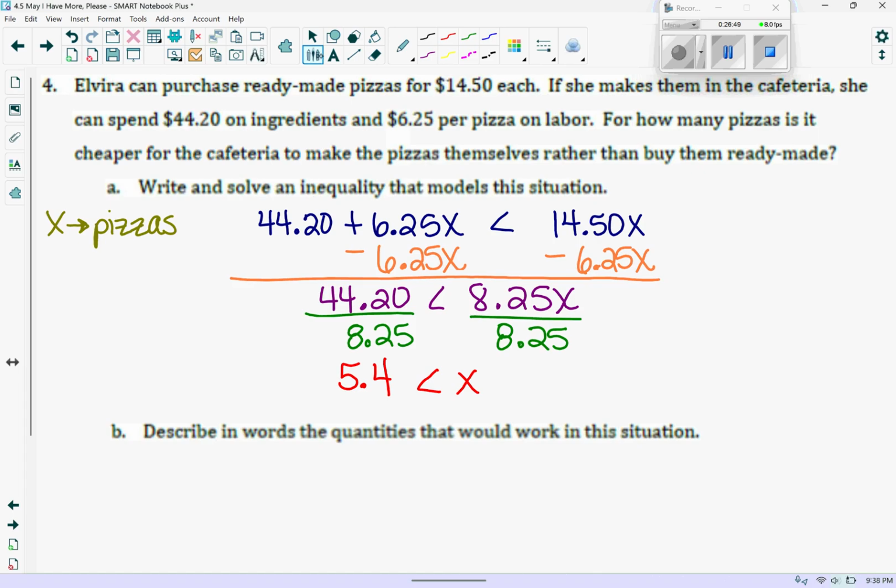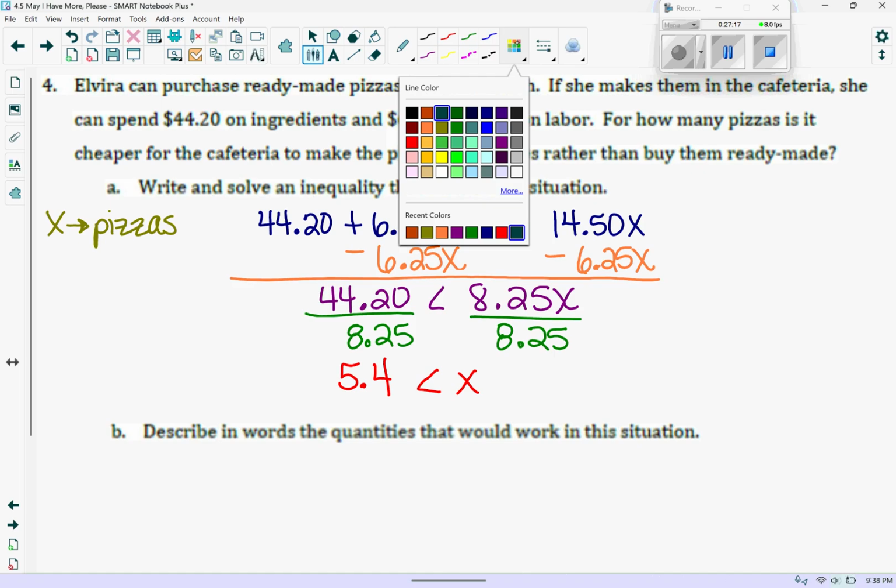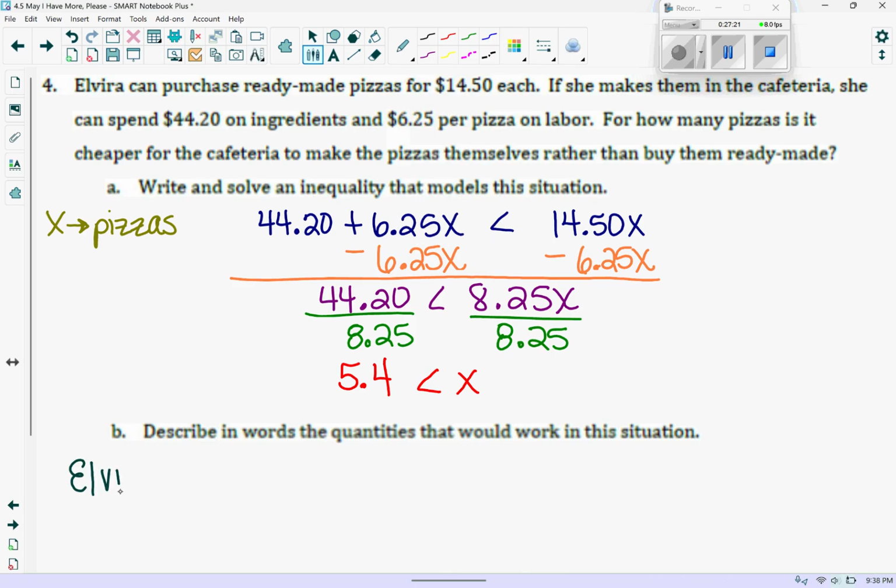And if I do 14.5 times 6, that's $87. Okay? So 6 is greater than 5.4, right? You have to have more than 5 pizzas because 5.4 is less than 6. So you got to have 6 or greater, okay? Because this one does not have the equal to.